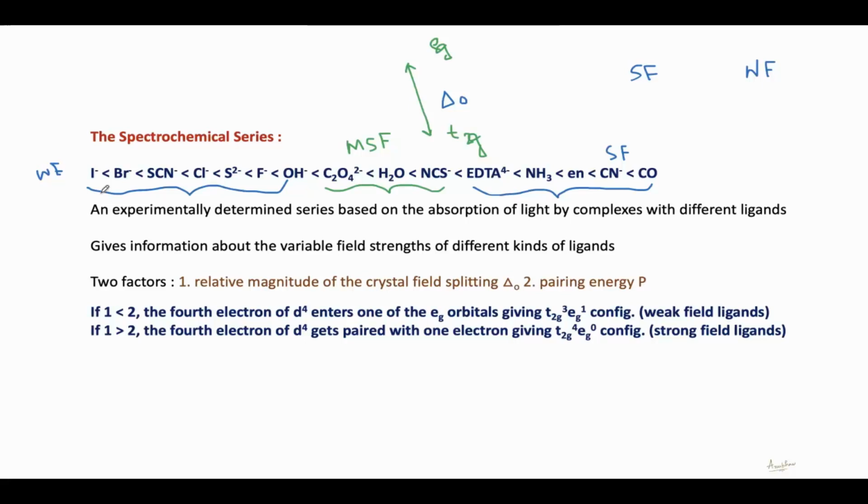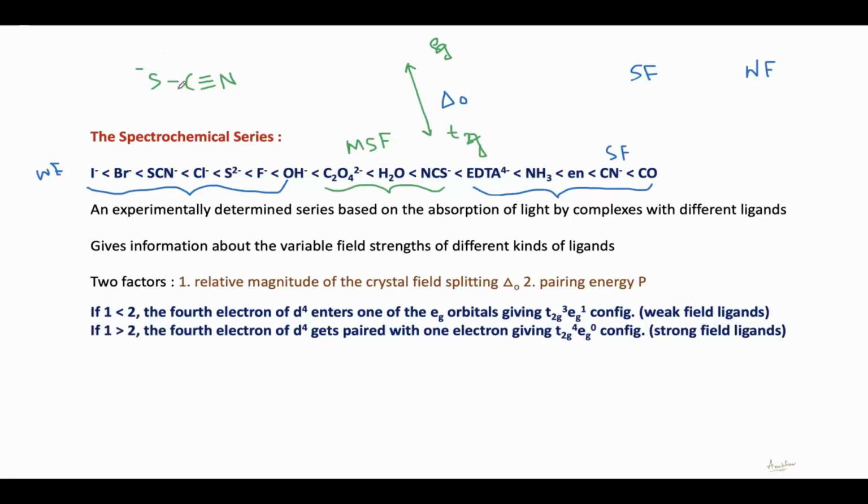So here you can see SCN minus and NCS minus are actually two forms of the same ambidentate ligand. In SCN minus, it is binding towards the S center. When it is binding through the S center, it is a weak field ligand. That's why SCN minus is in the lower end of the spectrochemical series.